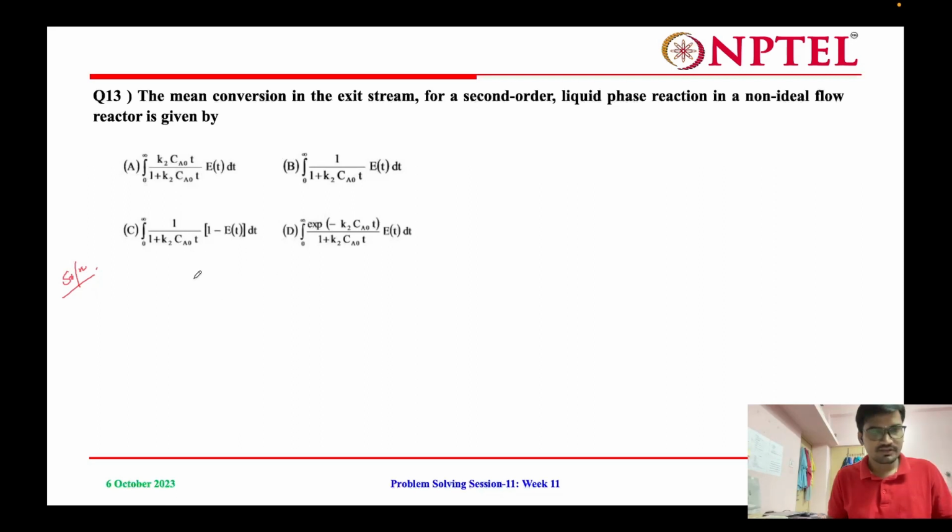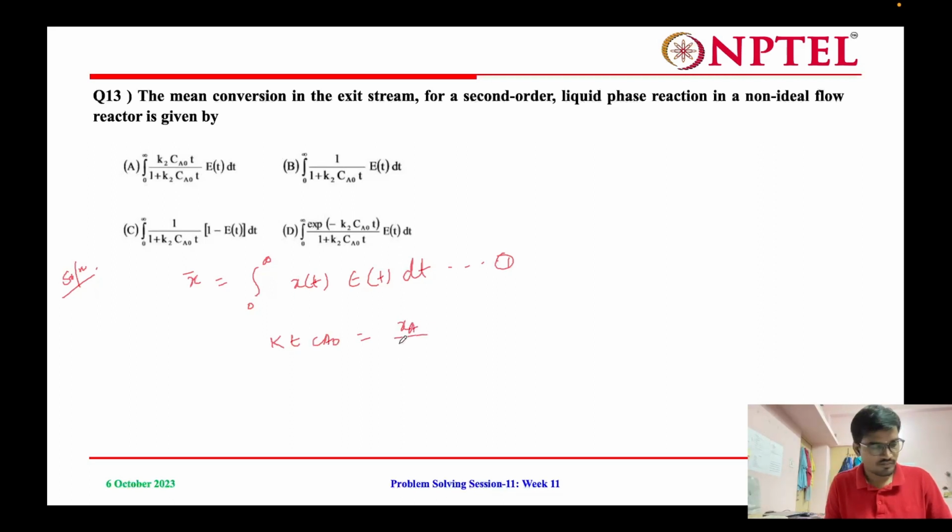To calculate the mean conversion, X bar equals the integral from 0 to infinity of X(t) E(t) dt, equation 1. For second order liquid phase reactions in a flow reactor under ideal conditions, right?